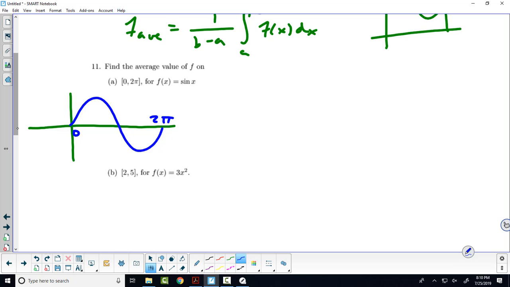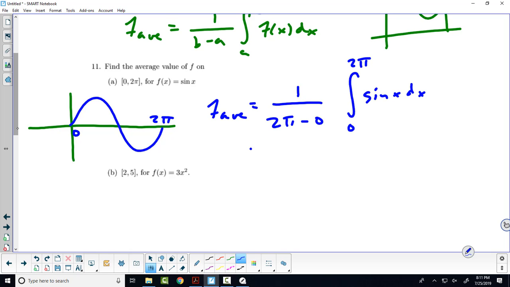Okay? So we would say that the average value of the function is 1 over 2 pi minus 0 times the area, which would be the integral from 0 to 2 pi of sine of x dx, which gives us 1 over 2 pi times the cosine of x evaluated from 0 to 2 pi.